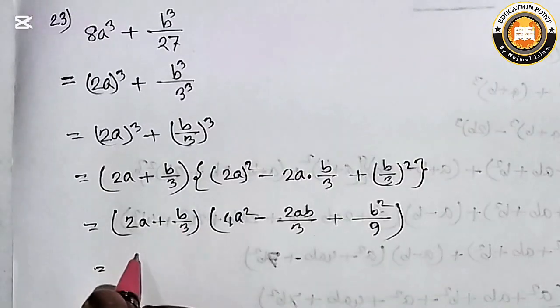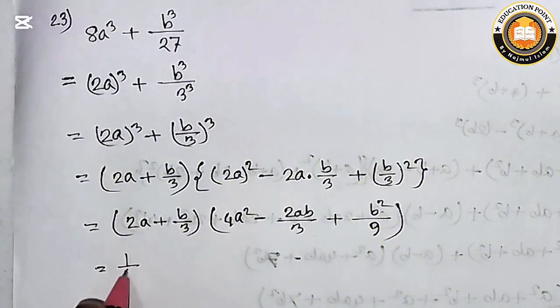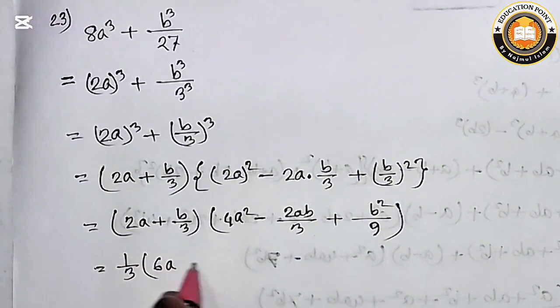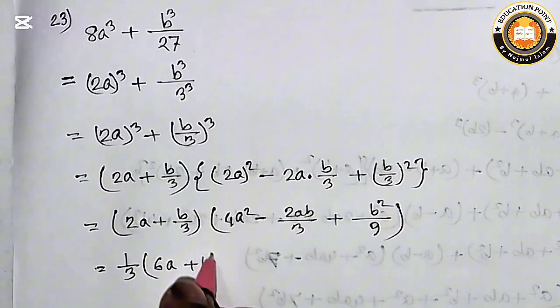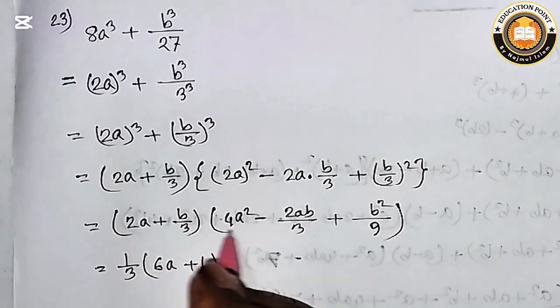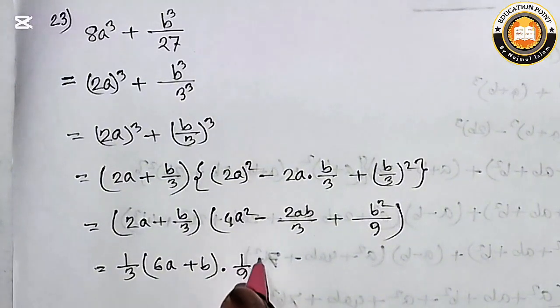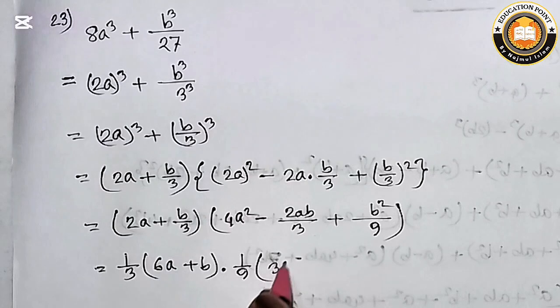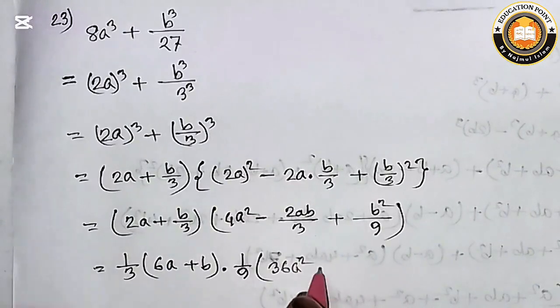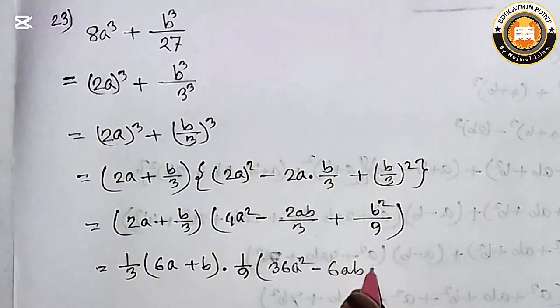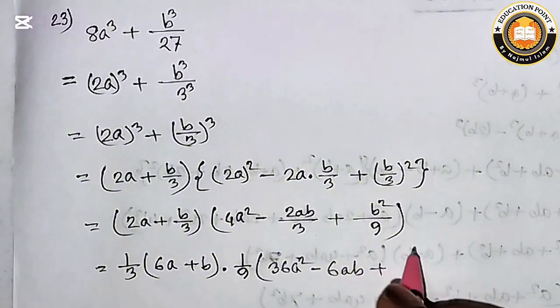Here we will take common value as 1 by 3, that means 6a plus b into, here taking common value as 1 by 9. After taking common value we can write 36a square minus 6ab plus b square.